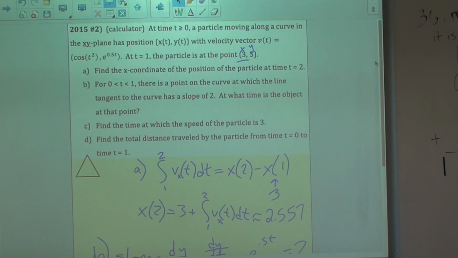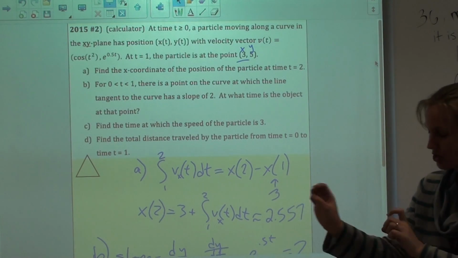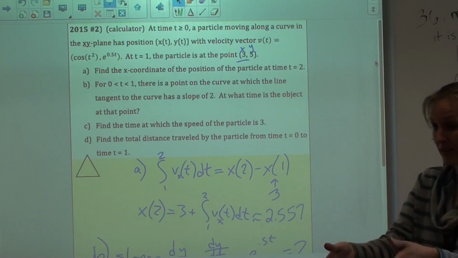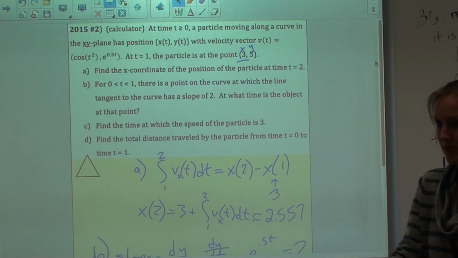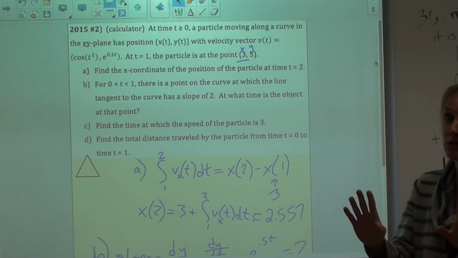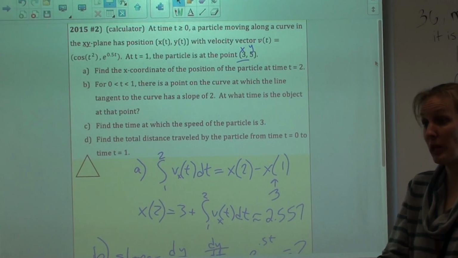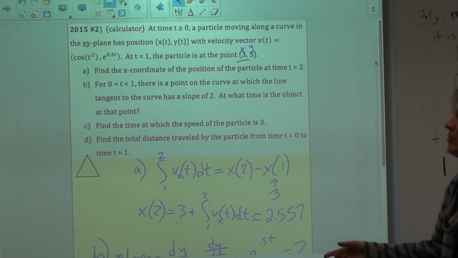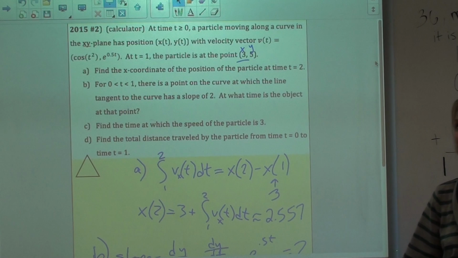Speed is not a derivative or integral of anything. It is literally just the length of the velocity vector. Velocity is a vector, speed is a scalar, so speed is just a number. It's the magnitude or length of the velocity. In function world, speed is the absolute value of the velocity.